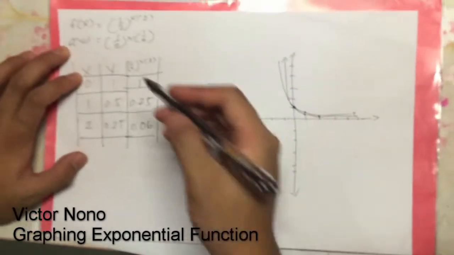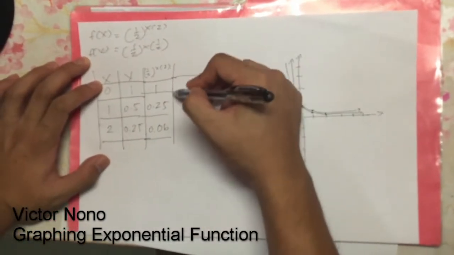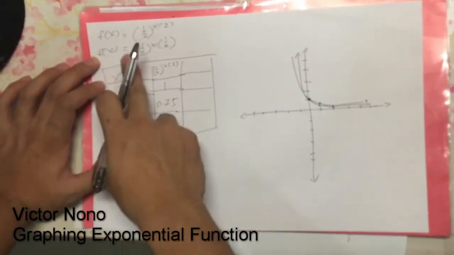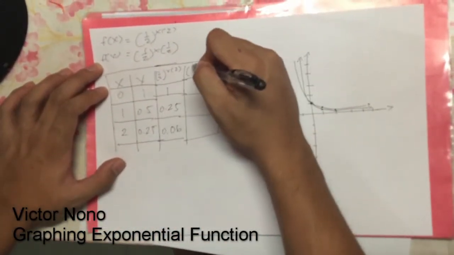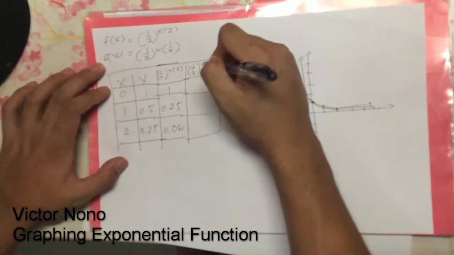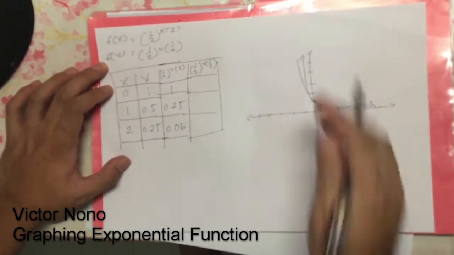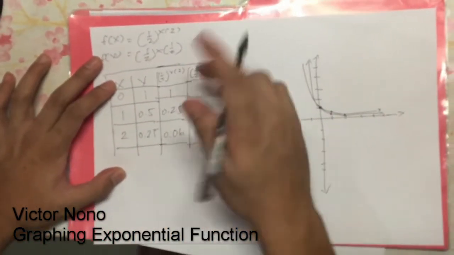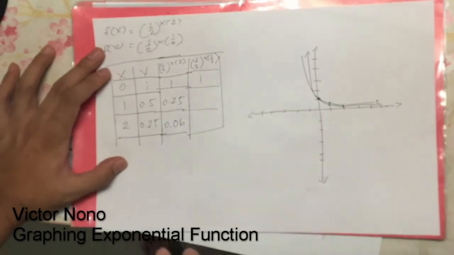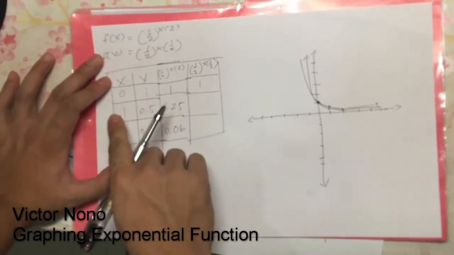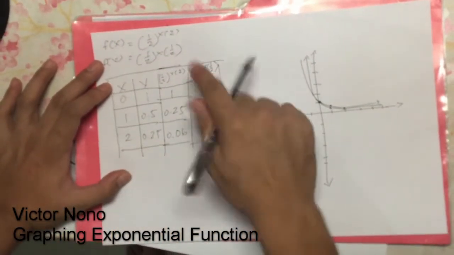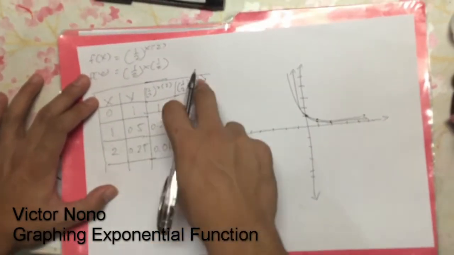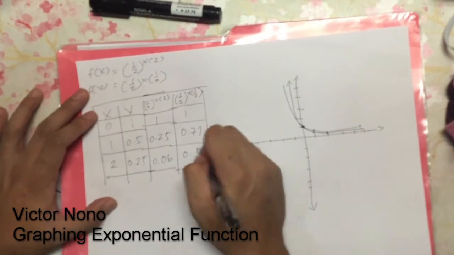So we will make the next function. We will just use this function, 1/2 raised to x times 1/2. If you substitute 0 to this function, we will get 1. If you substitute 1, we will get 0.71. If you substitute 2, we will get 0.5.